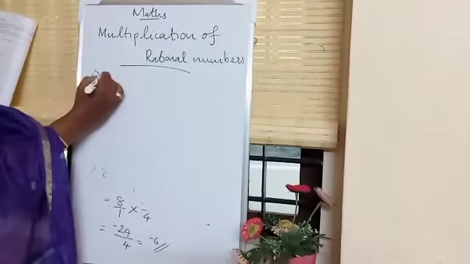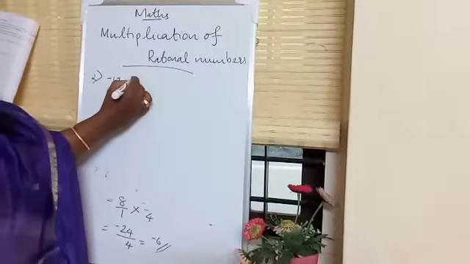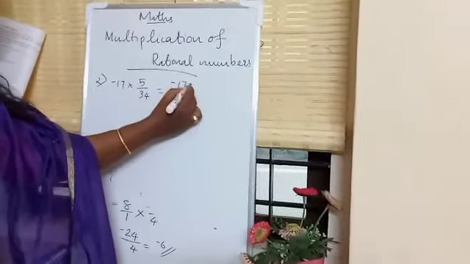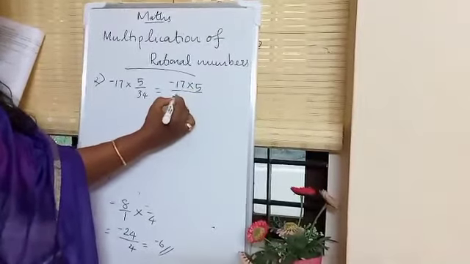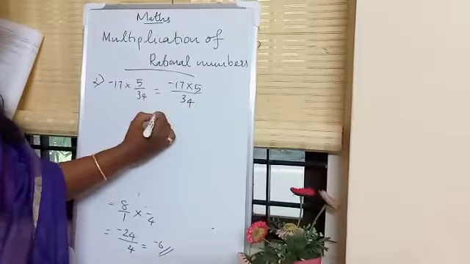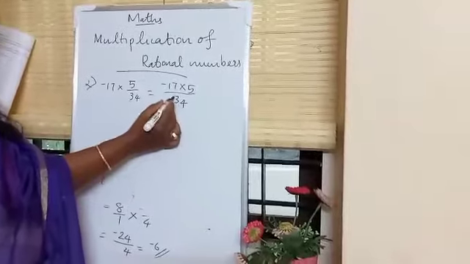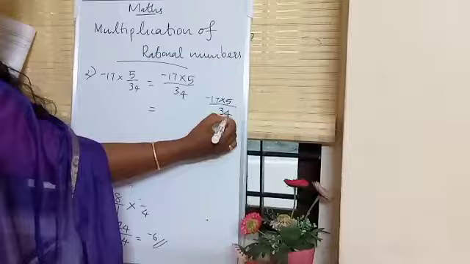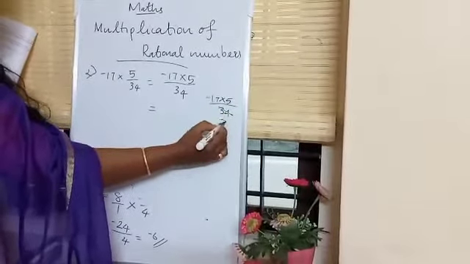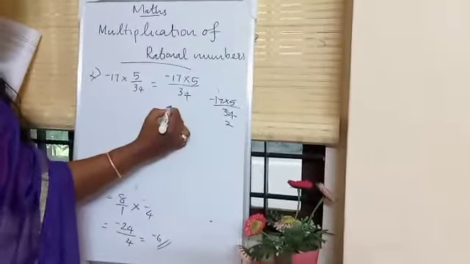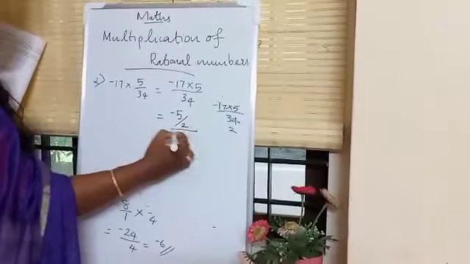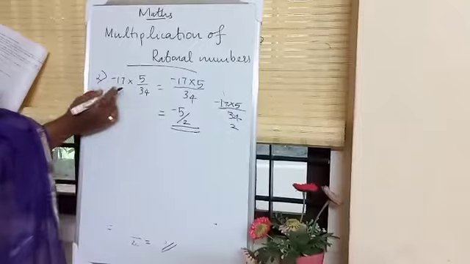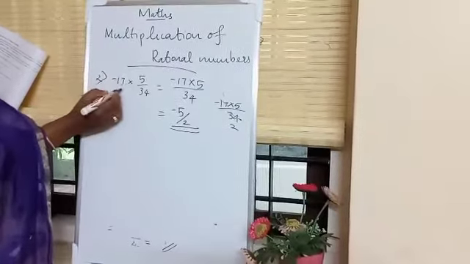Second question. Minus 17 into 5 by 34. Here we can simplify. 2 17s are 34. That is negative 5 by 2. Okay, clear? Negative 17 has denominator 1.